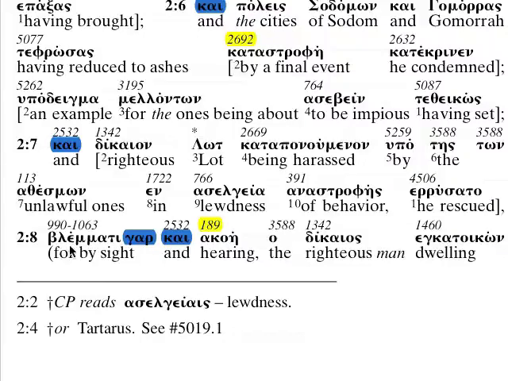Then verse 8, vlemati gar ke akoi o dikeos eg katikon.